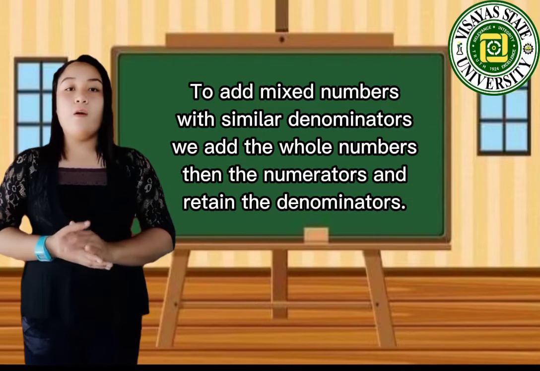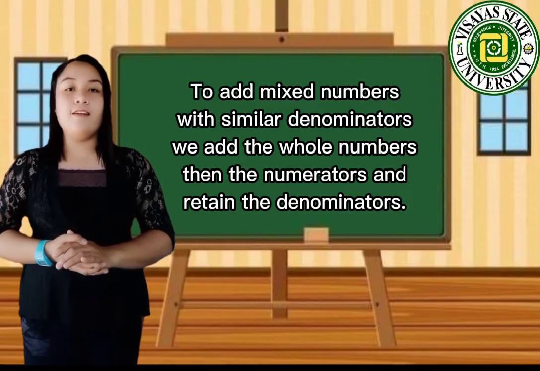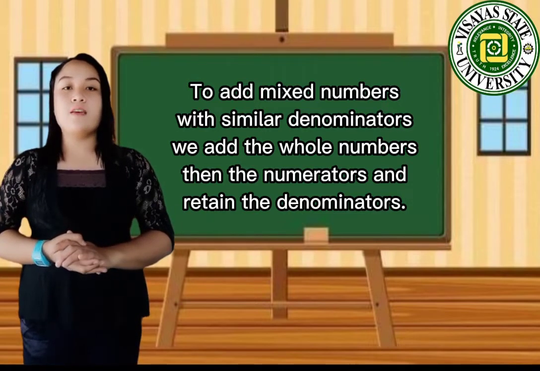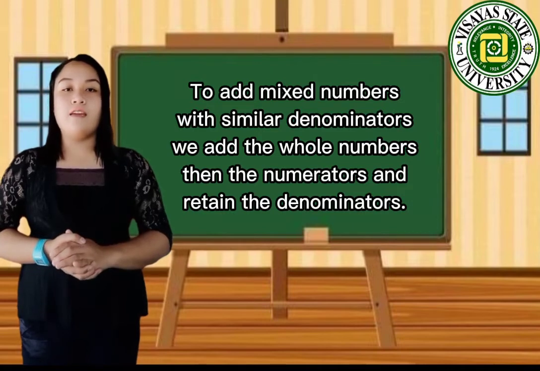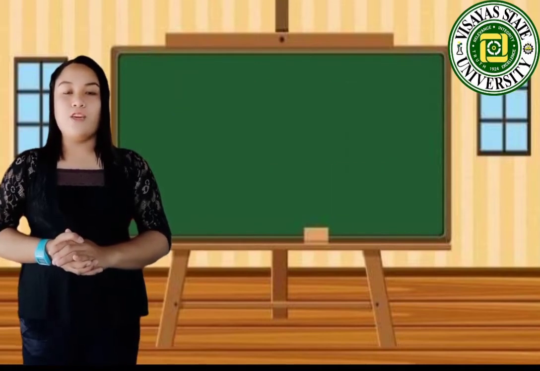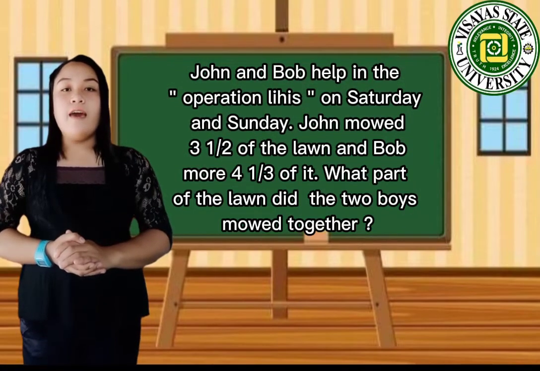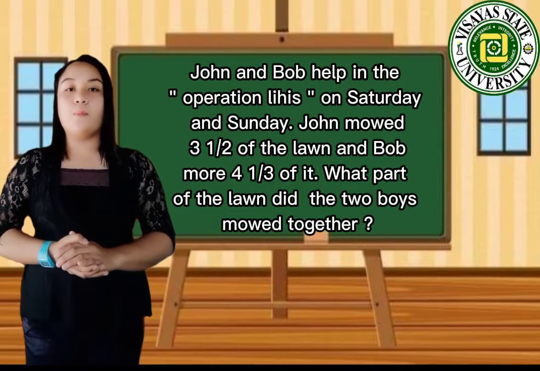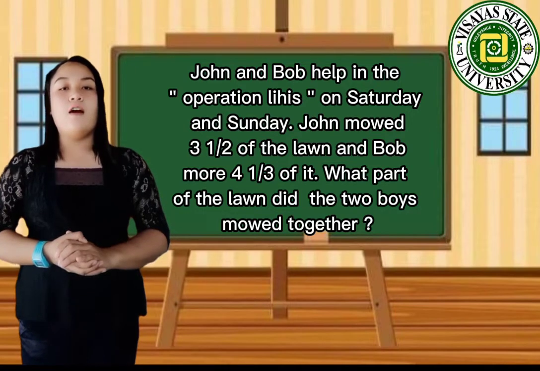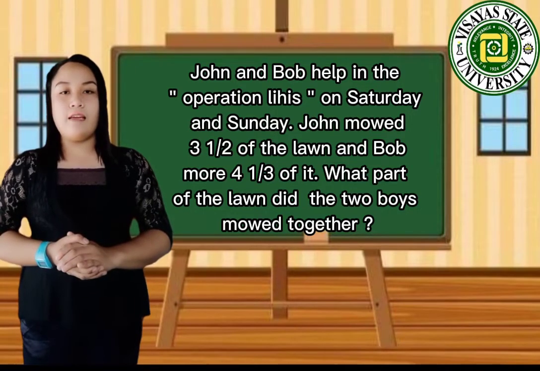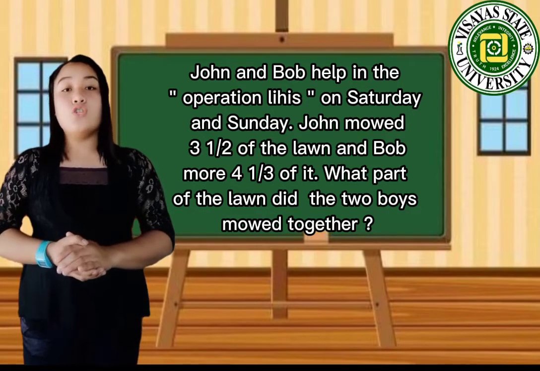To add mixed numbers with similar denominators, we add the whole numbers, then the numerators, and retain the denominators. For example, John and Bob help in the operation Linis.